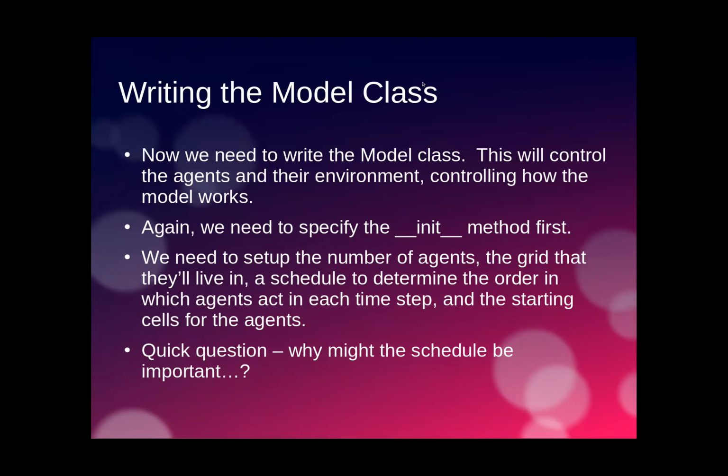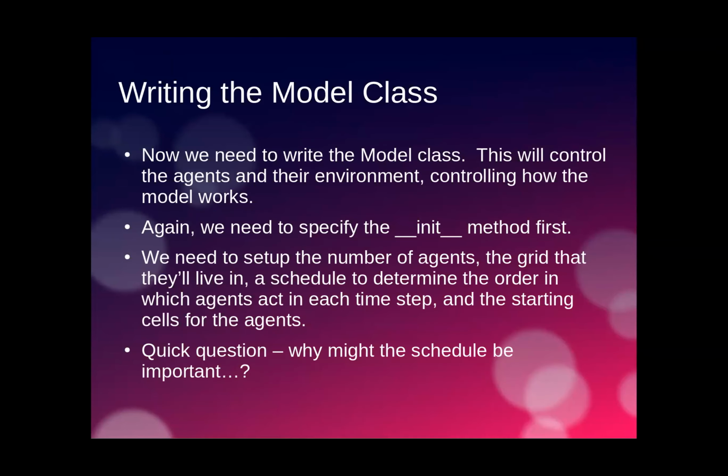If the infected agent were to move first, and they moved into the cell of the uninfected agent, there's a possibility that agent gets infected. But if the other agent were to move first, they could move away so that that agent can't infect them. So the order is going to matter here. And particularly when you're dealing with some sort of infection model, or anything where you're passing on and interacting in that way, the schedule will be important, because that will determine the order in which things happen.